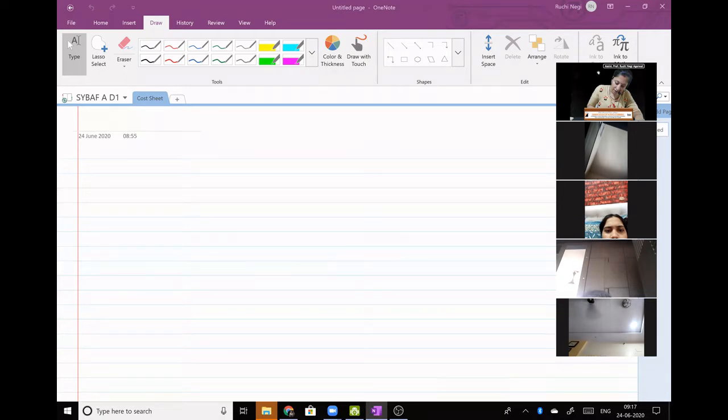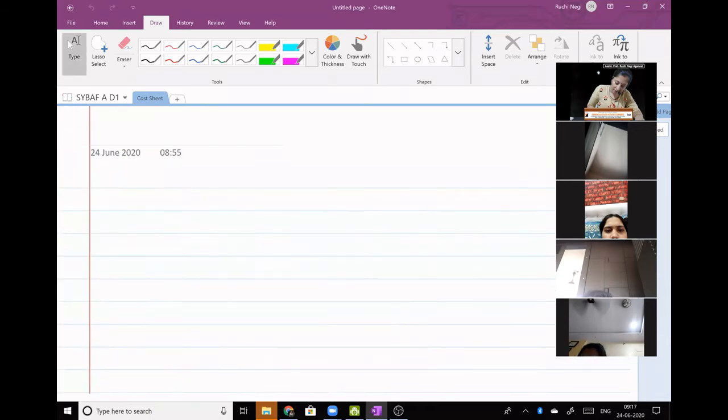Any expenses paid by the manufacturer till the factory gate. Matlab once the goods are out of the factory, it is not a part of factory overheads. Okay, so give the heading. We are doing cost sheet.